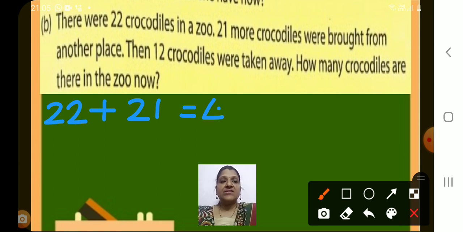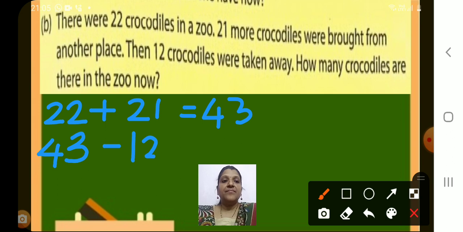Yes, it's 43. Correct. Now, then 12 crocodiles were taken away. So we have to subtract 12 from 43. How many crocodiles are there in the zoo now?